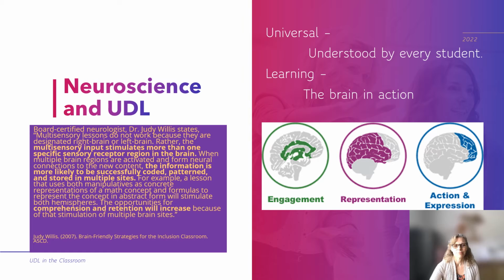For example, a lesson that uses both manipulatives and concrete representations of math concepts and formulas to represent the concept in abstract form will stimulate both hemispheres of the brain. The opportunity for comprehension and retention will increase because of that stimulation of multiple brain sites.